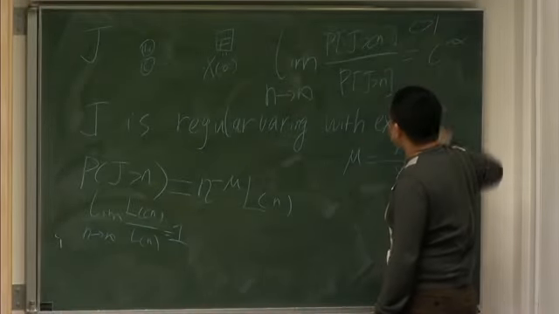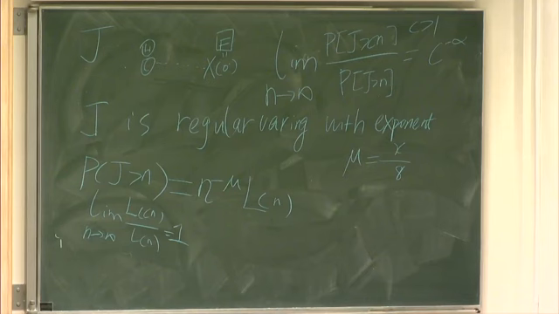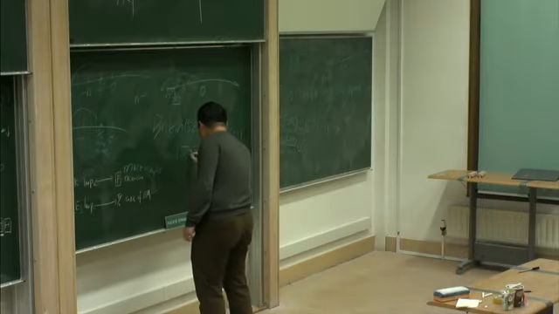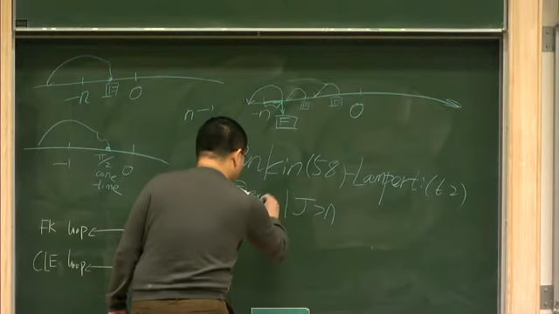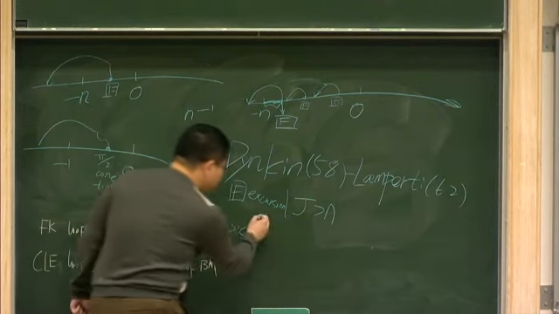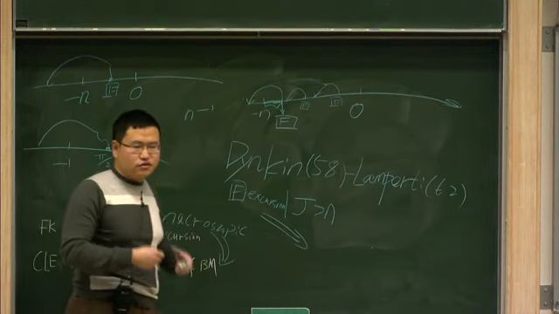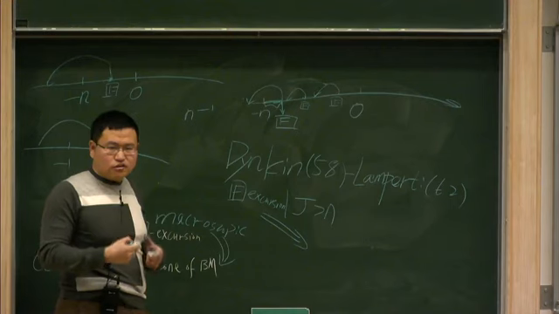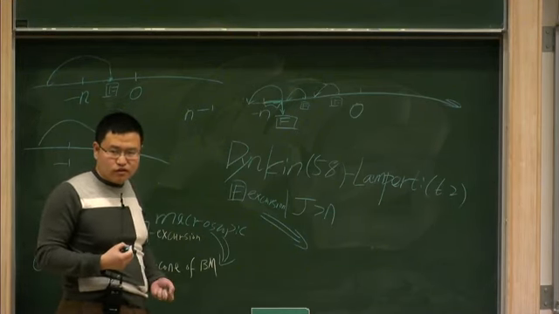Sorry, C is bigger than 1. And what we actually prove is that if you condition on j being bigger than n, this f excursion converges to a Brownian motion conditioned to stay in the first quadrant until time 1.